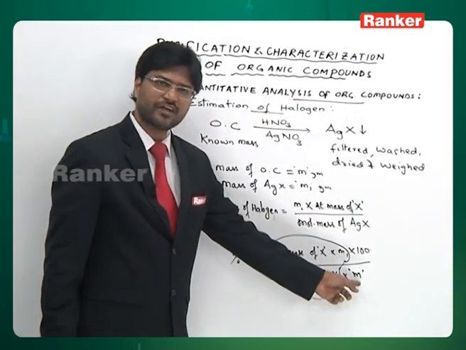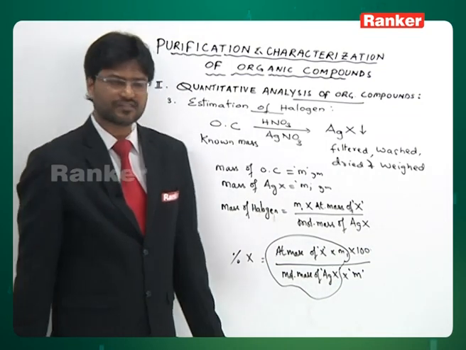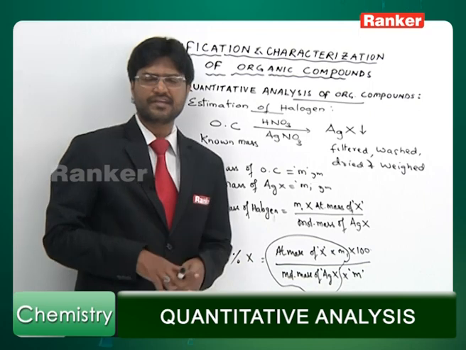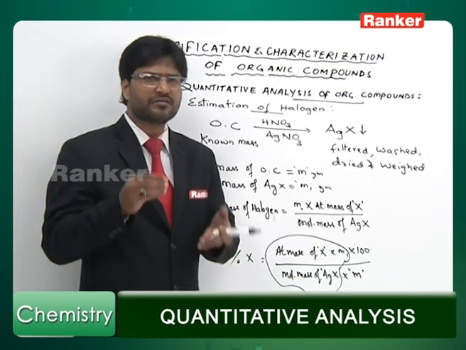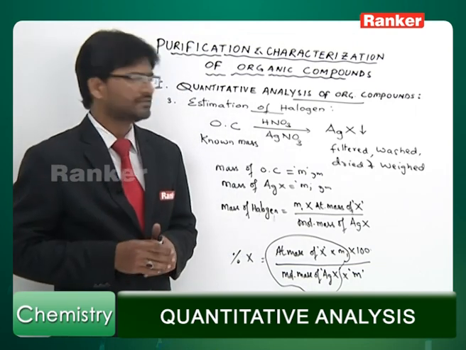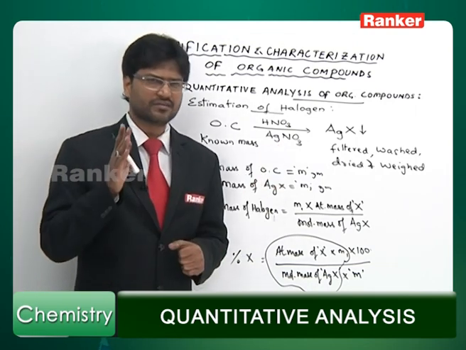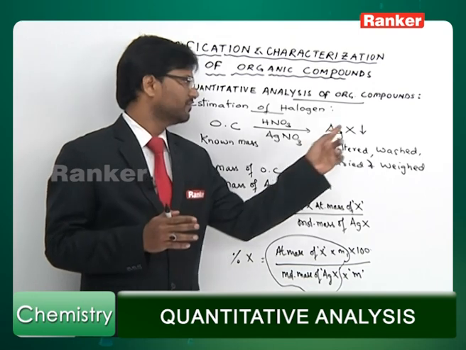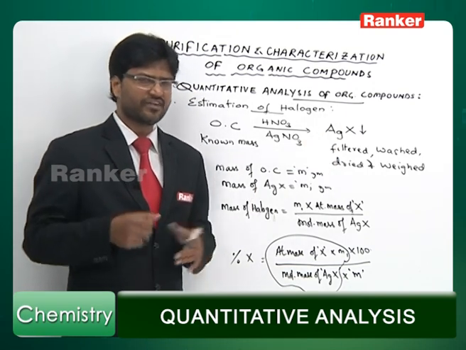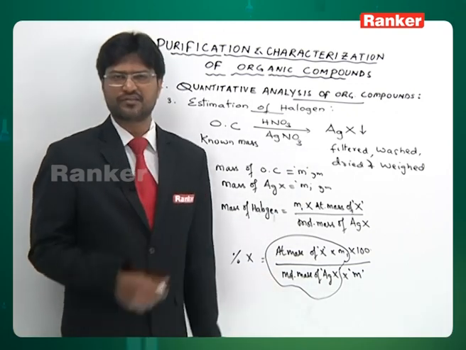This is mass of organic compound into 100. That gives percentage of halogen in the organic compound. So, it is a very simple technique. Boil the organic compound in a mixture of concentrated nitric acid and silver nitrate. All the halogen present in the organic compound will become AgX. This is recovered by filtration, and then this is the calculation.